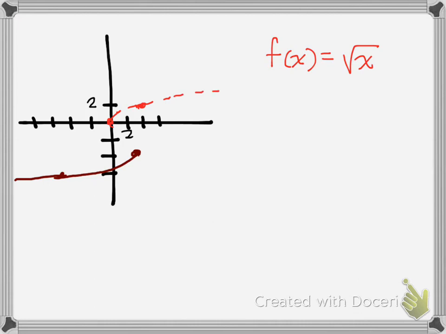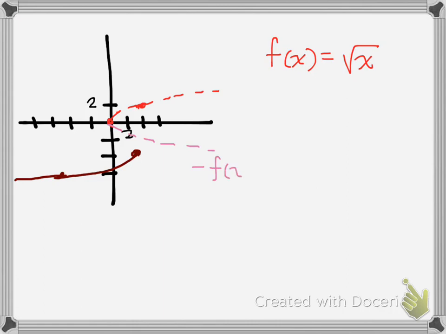Now, how is that operated upon to end up with this function that we see down below it? That's our objective. And if we reflect this through the x-axis, we're going to get this, and that is going to be negative f of x. Don't confuse that with the dashed line that I have there.